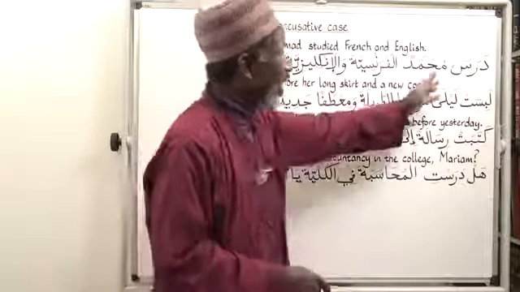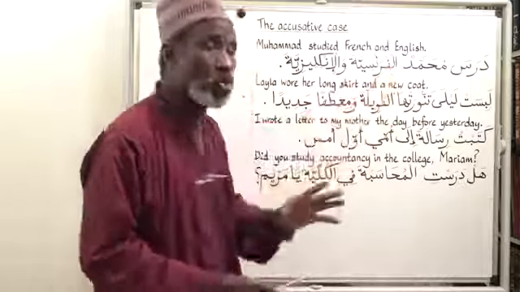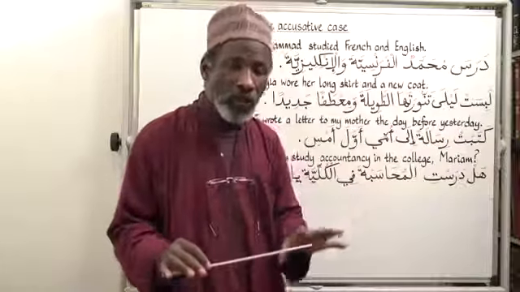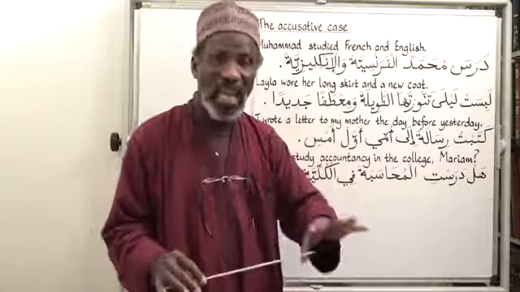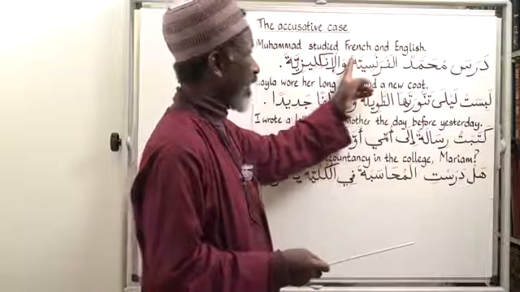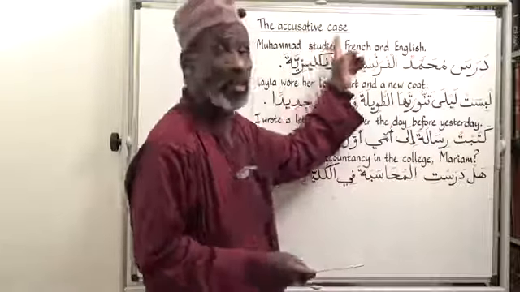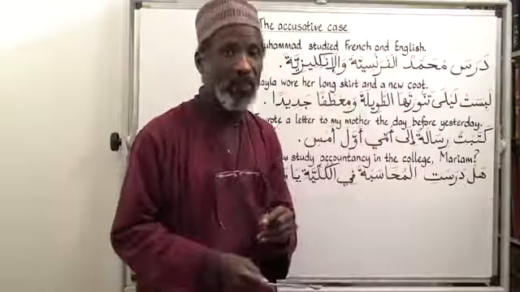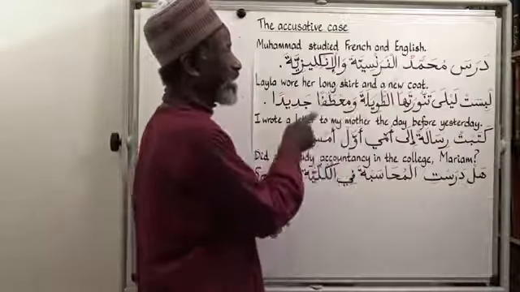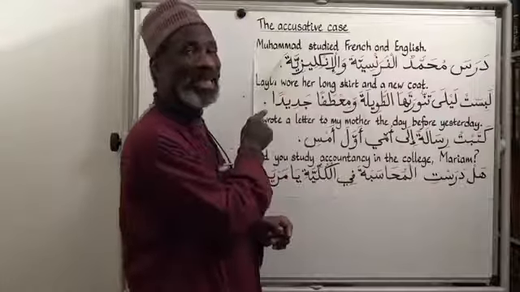Right, so darasa Muhammad al-Faransiyata. Under the normal arrangement, if the object happens to be a singular noun, it will have the sign of the accusative case, in this case, fatha. Hence you have darasa Muhammadun al-Faransiyata wal-Ingliziyata.